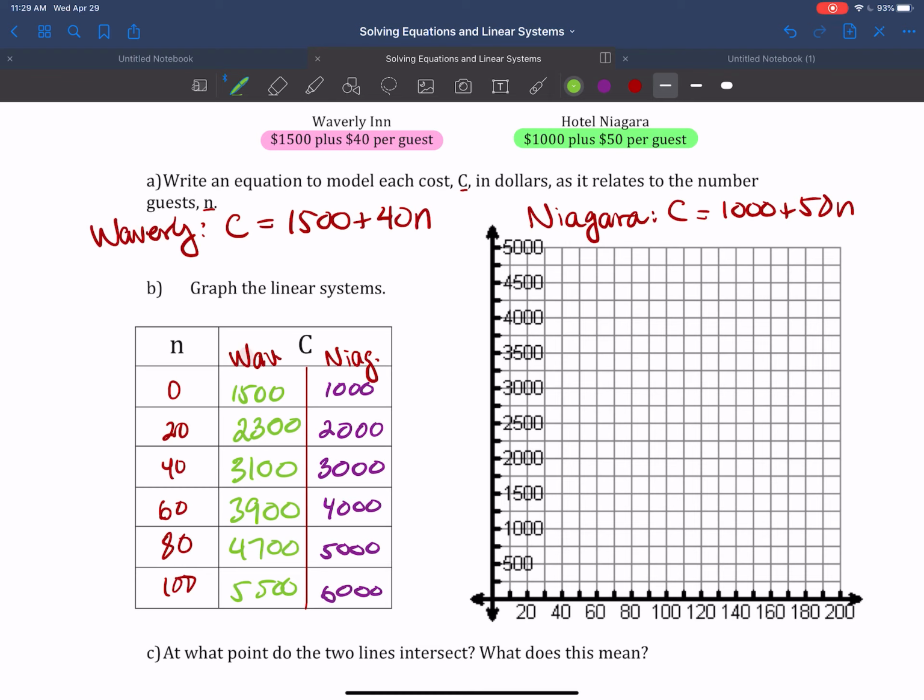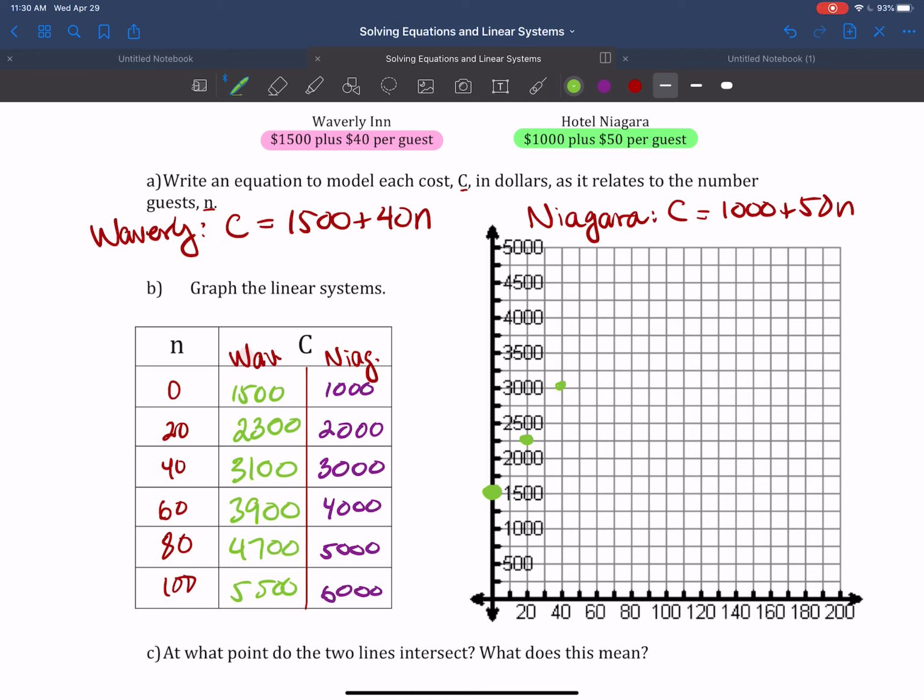So let's graph both of these things. First, we'll do Waverly. So 0 people show up, $1,500. So that's our y-intercept, our initial value. If 20 people show up, we have 2,300. So it's not exact, but close enough. 40, 3,100.